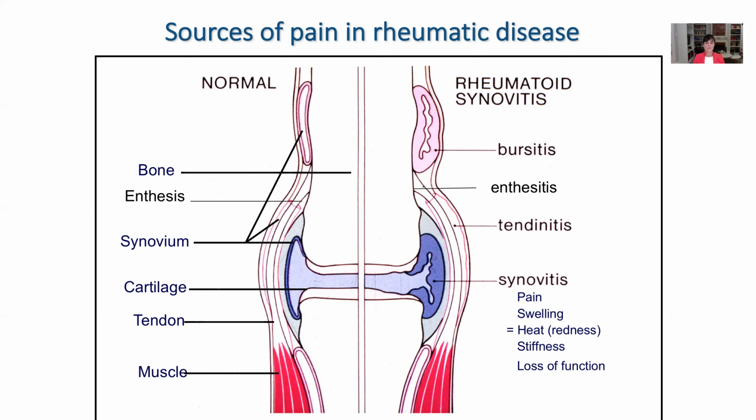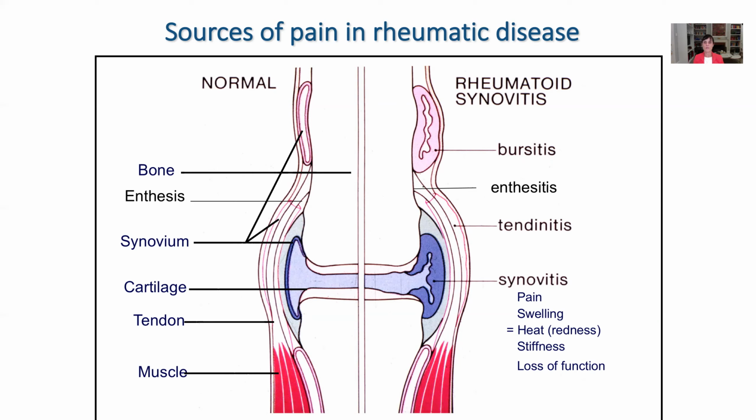The fibrous tissues include both the joint capsule and the tendons attached to bone, and this site is called the enthesis.